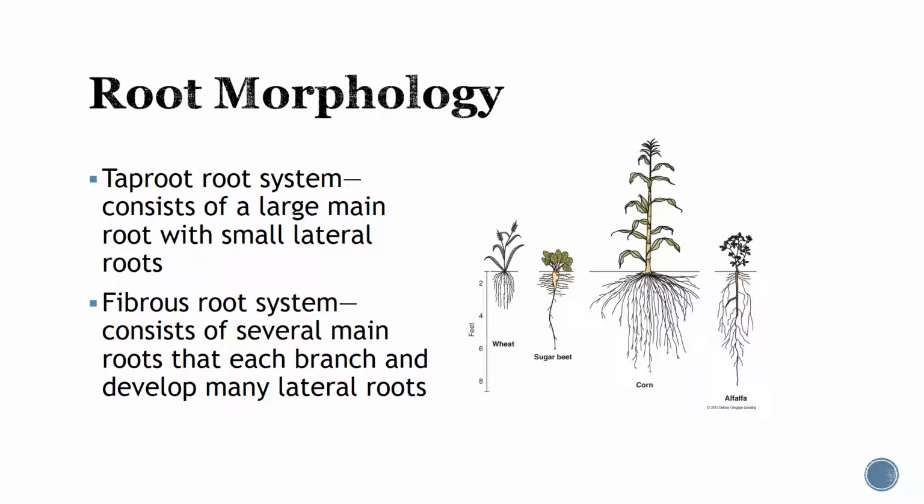Fibrous root systems just have several roots, and each of those branches will then develop many different lateral roots. It kind of looks like a willow tree is what I would compare it to, a willow tree within the ground. A taproot system has that large main root with small lateral roots, and that large main root will go as far down as possible.